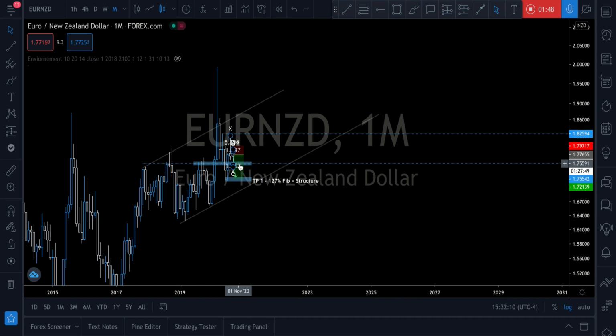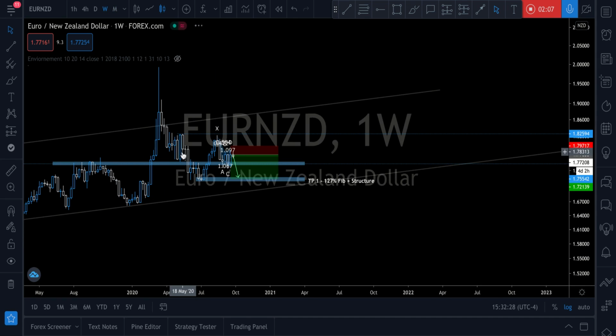But if it does fail as support and we have a lot more momentum, we're going to shoot for this area right here, which happens to be our 127 fib level, including this area of structure. So it's kind of likely for us to see a drop down here. This is going to be a short-term riskier trade because we're going against the trend on the monthly, weekly time frame.